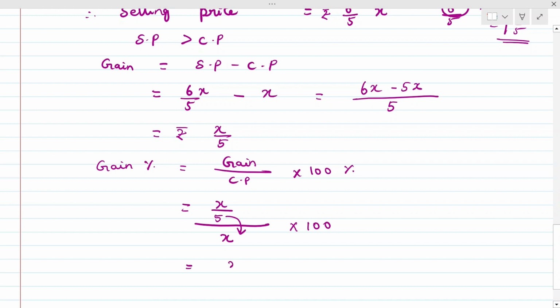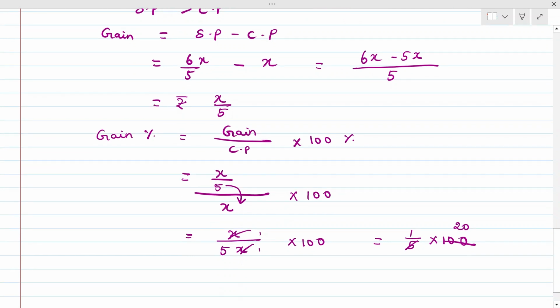So it will become x by 5x into 100. So this x and this x will get cancelled. We will have 1 by 5 into 100. So this and this we will cancel and we will get 20. That means gain percentage is 20%.